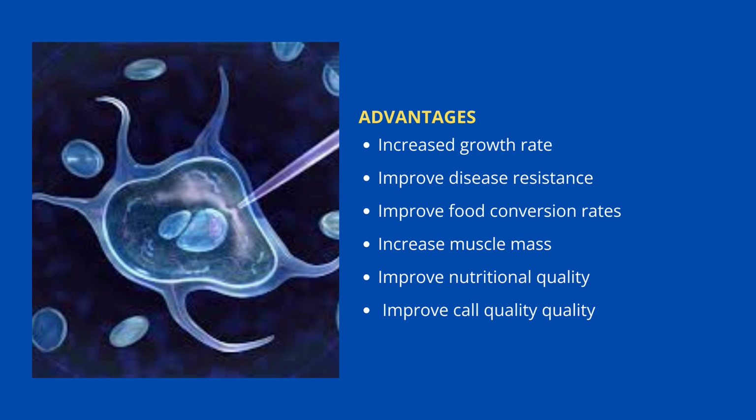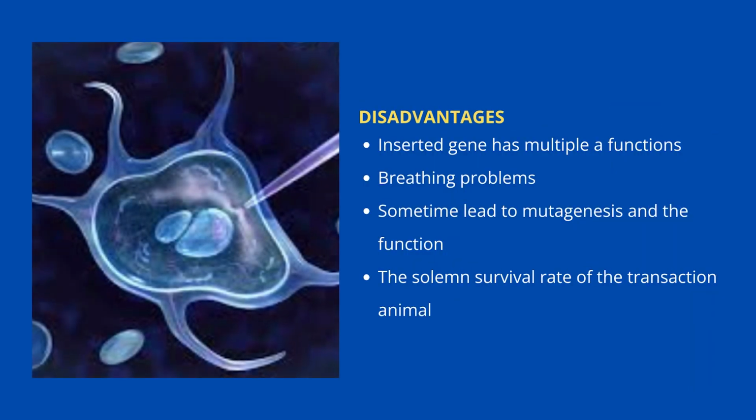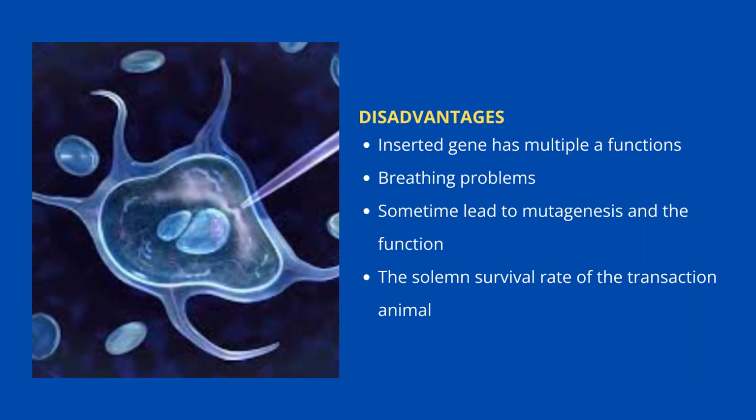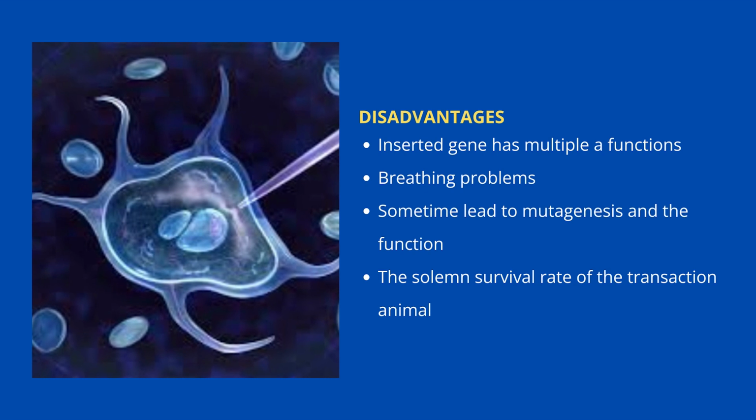So, what are the disadvantages of transgenic animals? The inserted gene may have multiple functions, breeding problems sometimes lead to mutagenesis, and there is a lower survival rate of the transgenic animals.